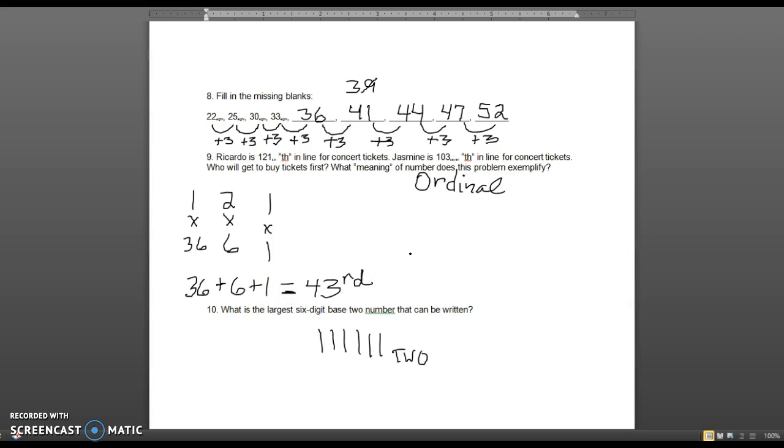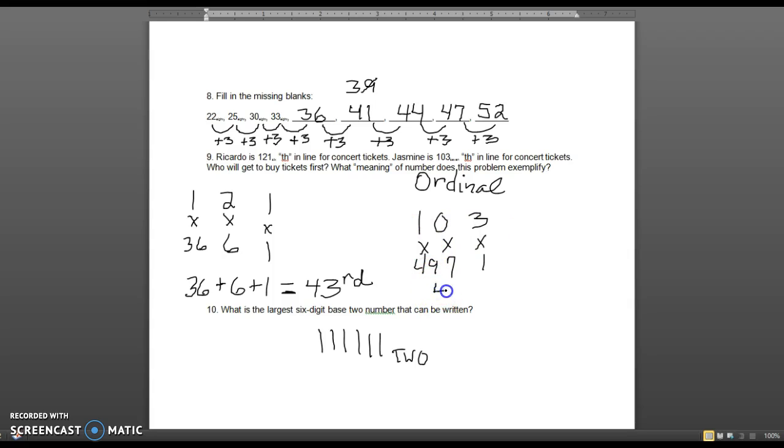Now let's take a look at Jasmine. Jasmine is 103, but she's in base 7. So I'm going to multiply by these correct values for my places that I'm in.